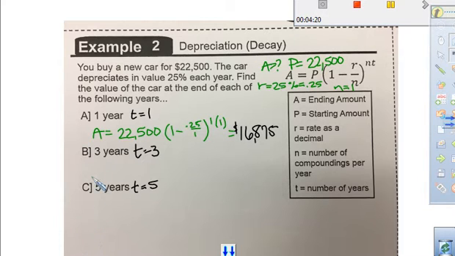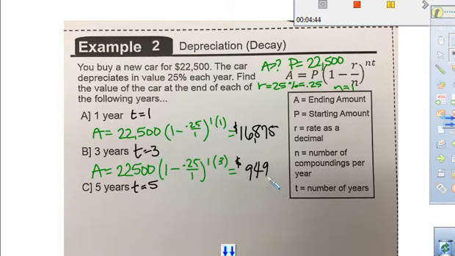Now you'll notice that the car dropped almost $6,000 in value. So let's look at the next one and see what happens over the course of another 2 years, how much the car drops in value. So now all we're doing is changing the T. The N is staying the same, it's still 1, and then we just have 1 times 3 here, which gives me 9,492.19.